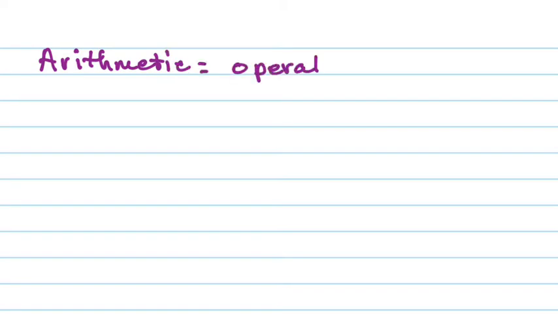And the first thing is, don't be afraid of algebra. The only difference between arithmetic, now arithmetic just means operations, and remember there are only 4 operations: add, subtract, multiply, and divide, yeah? It's just operations with numbers.